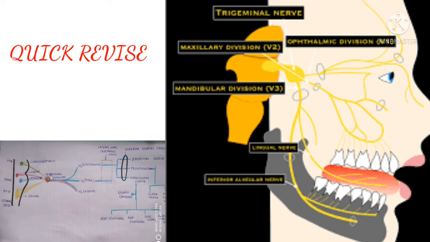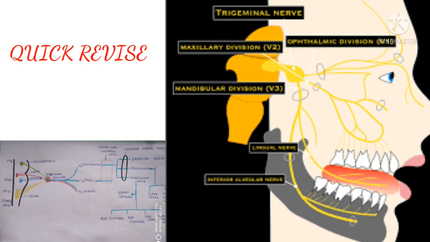Both the ophthalmic and maxillary sensory nerves pass through the lateral wall of the cavernous sinus. Then the ophthalmic nerve divides into 3 branches. Then these 3 branches pass through the superior orbital fissure and leave the cranium. The 3 branches are lacrimal nerve, frontal nerve and nasociliary nerve. The frontal nerve is further divided into supraorbital and supratrochlear.